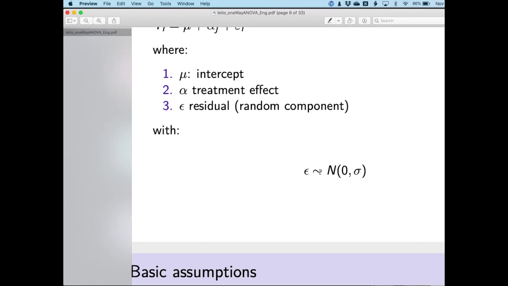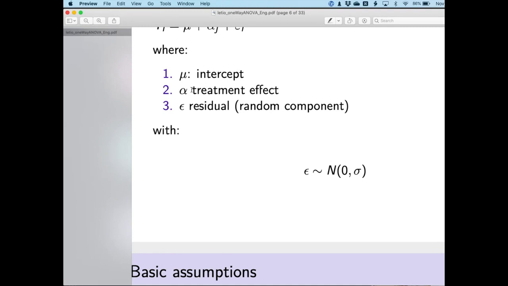If we build our model like this, we need to make sure that the model fits the data. And I have no problems about mu and alpha because they certainly fit the data, because I'm using the means, the group means, to build the model. But I am not sure about the stochastic component.